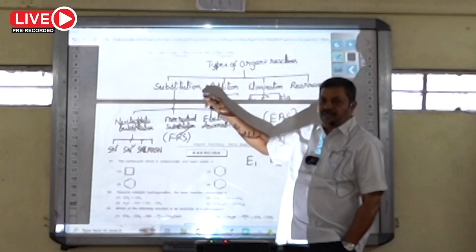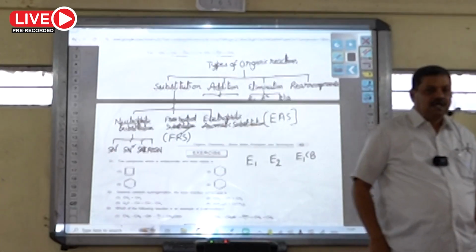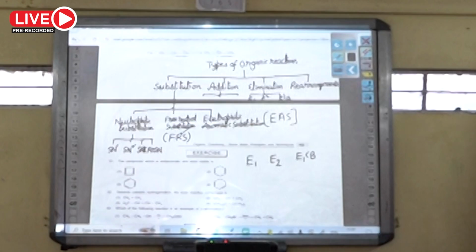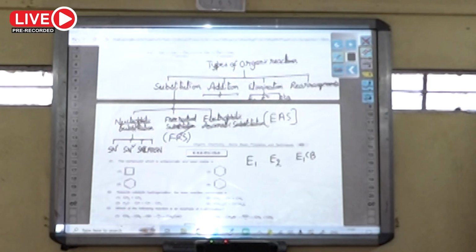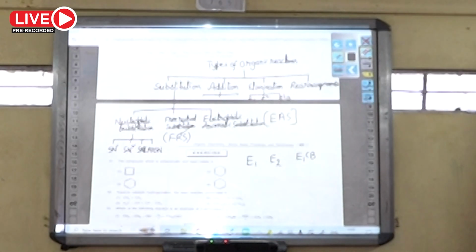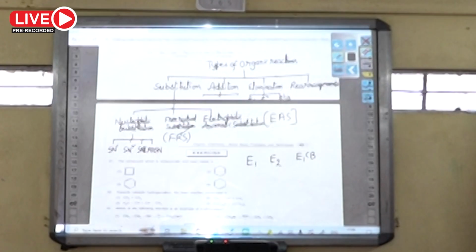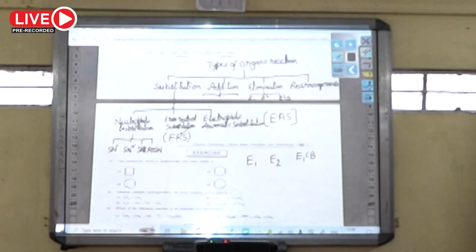Now, addition, 3 varieties. Under the heading of electrophilic addition, alkenes undergo electrophilic addition. Carbonyl compounds, that is aldehydes and ketones, undergo what?